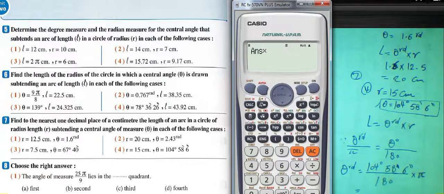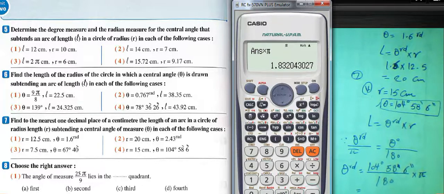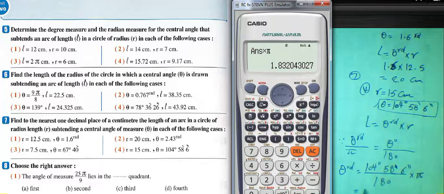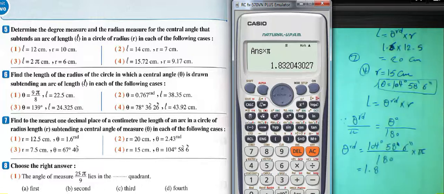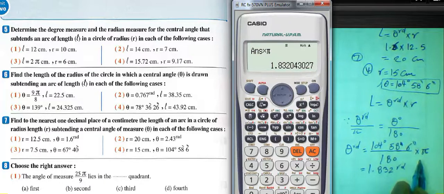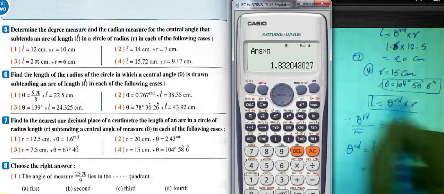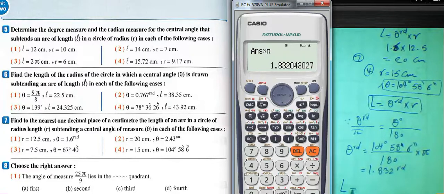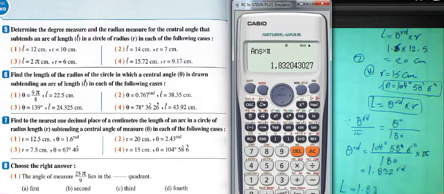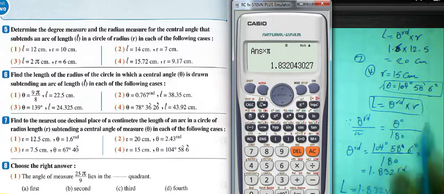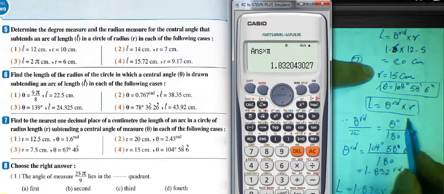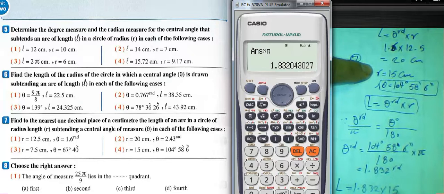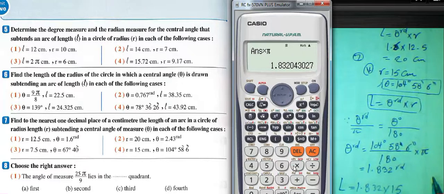The result will be 1.832 radian. The radius is 15, so we multiply the result by 15.